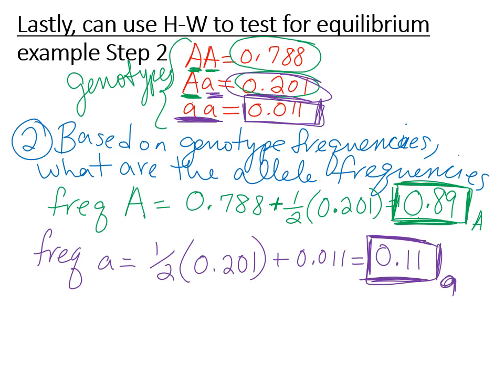Since we weren't told it was in equilibrium yet, I didn't want to assume anything, so I did not want to do 1 minus. Even though you might be tempted to do that, try to avoid it. Instead, calculate it the way we just did, where for the second one we did 1/2 of the heterozygous plus the homozygous recessive genotype.